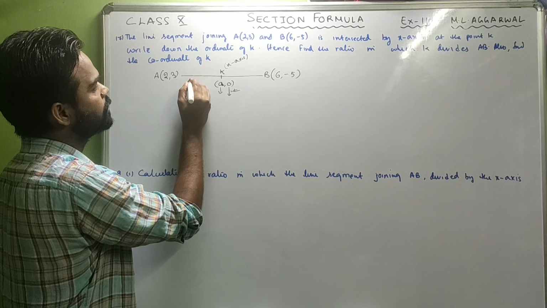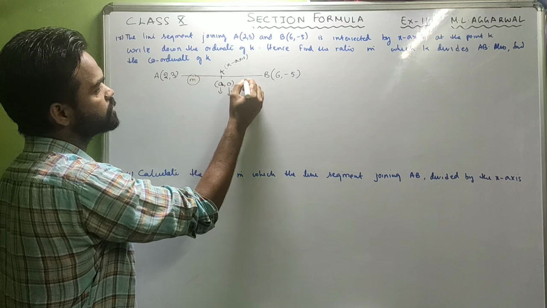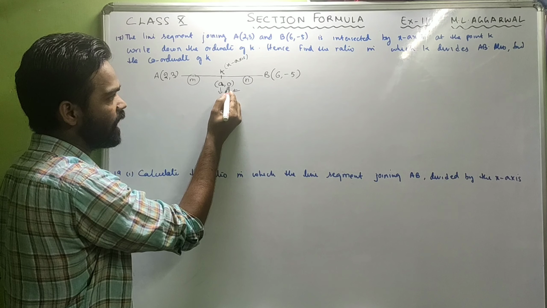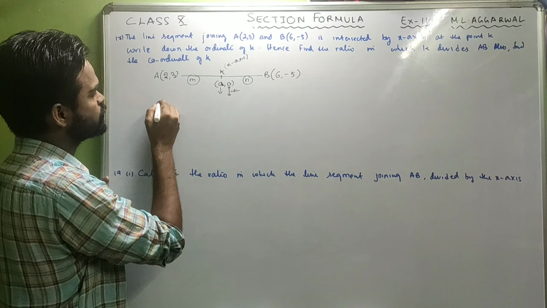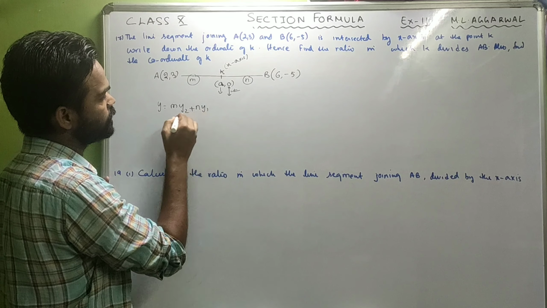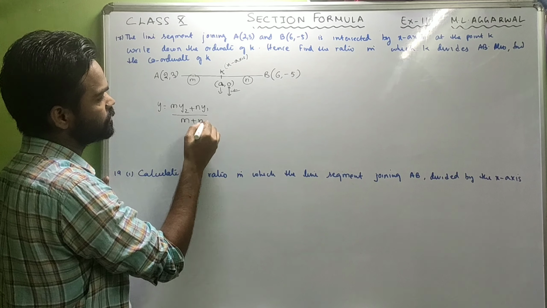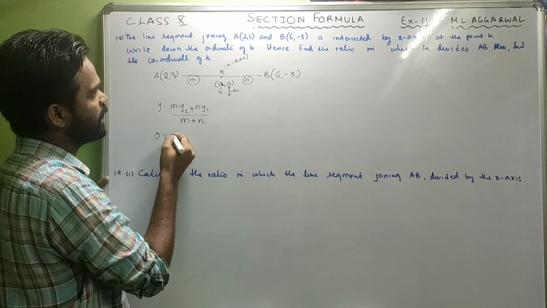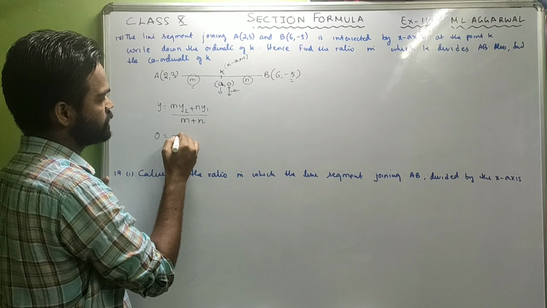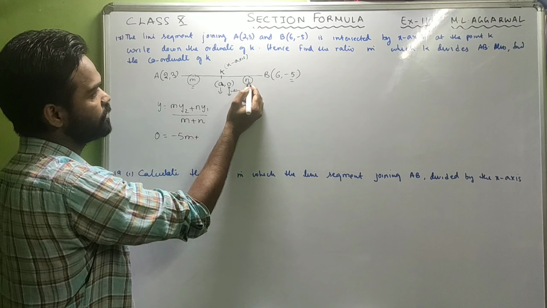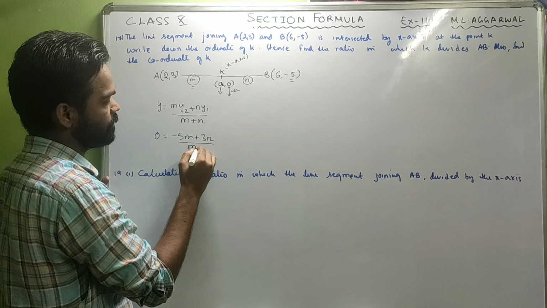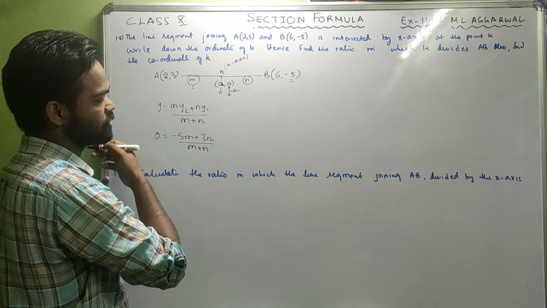First of all, let the ratio be m is to n. Now, we know y, which is 0. So just put the value. y equals my2 plus ny1 by m plus n. So y is 0, y2 is minus 5. So that's minus 5m plus ny1, which means n into 3, that's 3n, by m plus n. m plus n multiplied by 0 is 0.